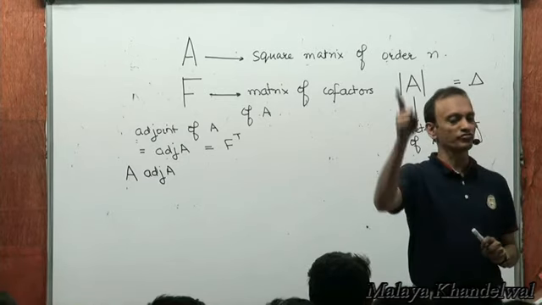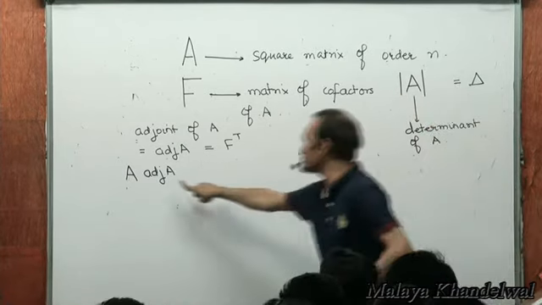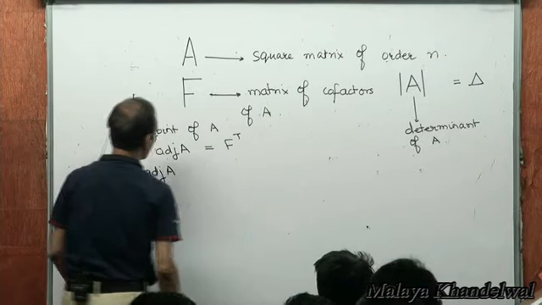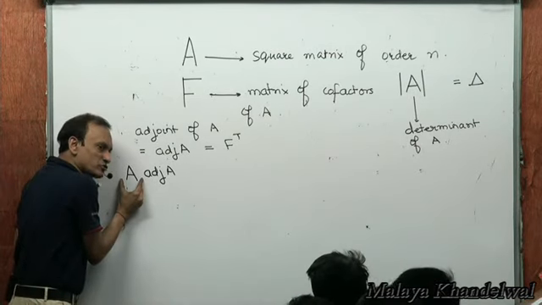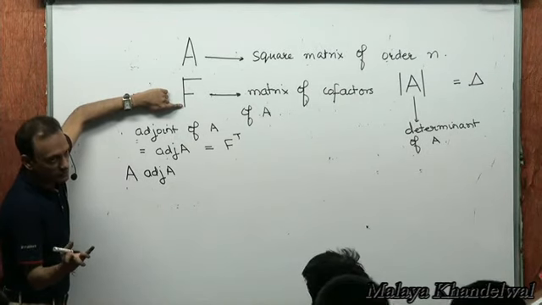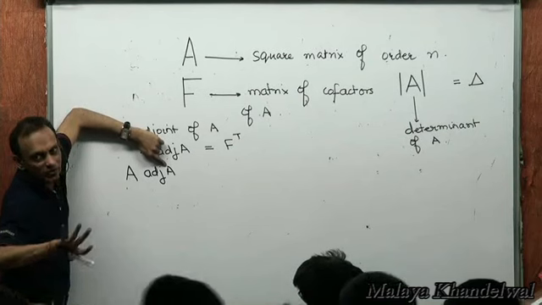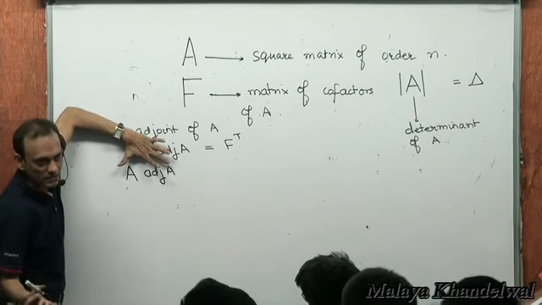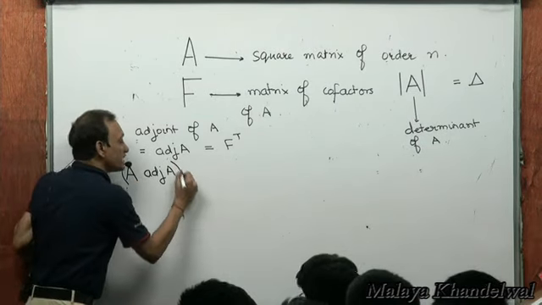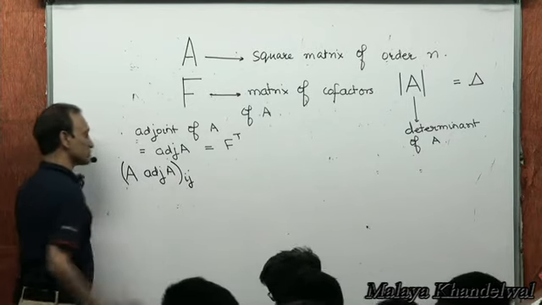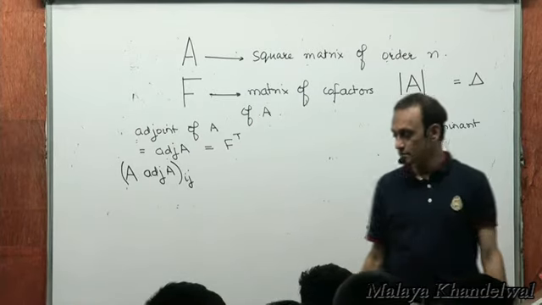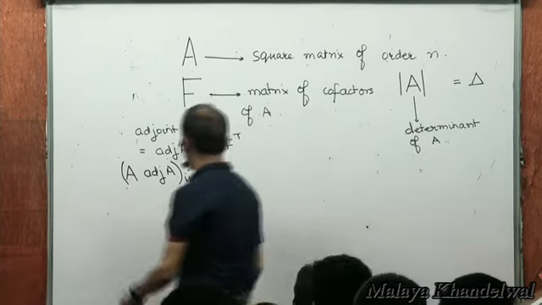Transpose of cofactors of A. If A is a square matrix of order n, F will also be a square matrix of order n, isn't it? Its transpose will also be a square matrix of order n. So it's good enough for multiplication, right? Now, let us see what the ijth element of this multiplication is.